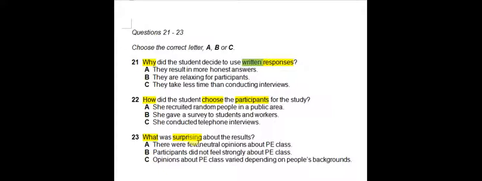And then what was surprising, shocking, what surprised the students, what was unexpected. So if you have those ideas, write them down. Don't be shy to write them out. But remember, the most important thing is to just open your mind to the possibilities, so that when you're listening, you're not only listening for this phrase, written responses, because it's very possible that the writer will change that slightly in the script.